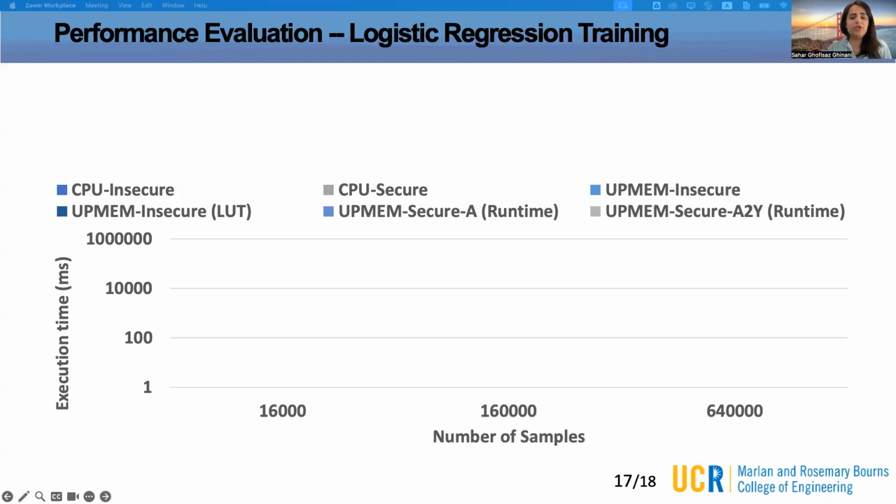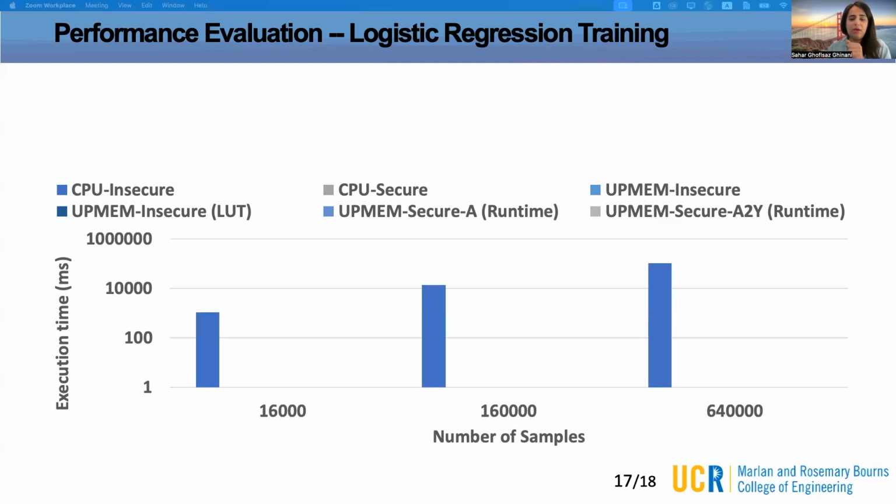UPMEM Secure A is our implementation when we are only performing linear computation on the PIM, and the A2Y version is when we have both linear and nonlinear computation on the PIM.